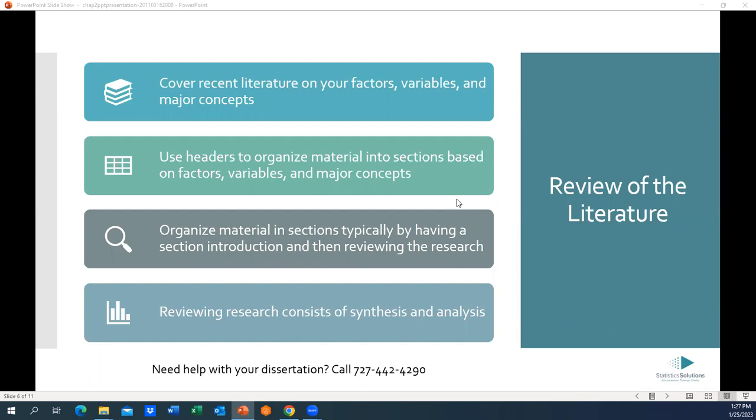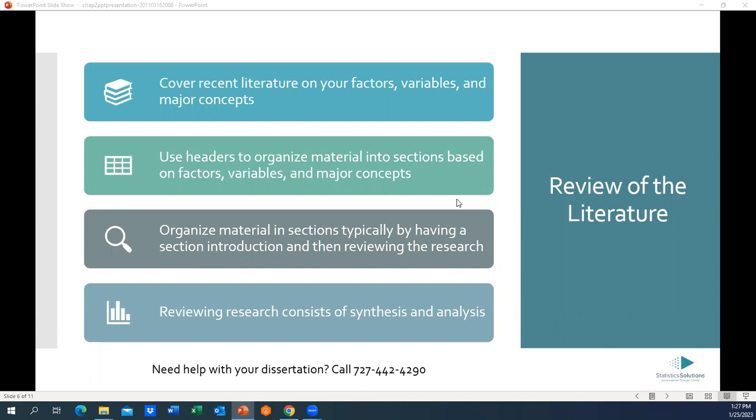So you're going to have sections on, here's the recent research on middle management and transformational leadership. Here's the recent research on middle management and emotional intelligence, right? So whatever your variables are, you're going to need sections on those to review the literature that's been done on it. Same thing with a qual study.